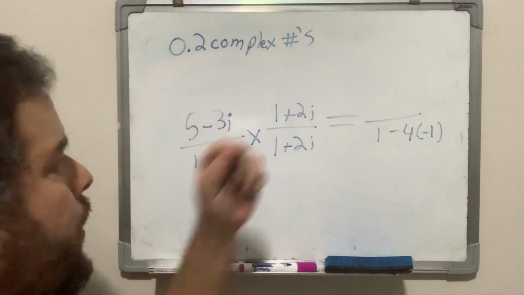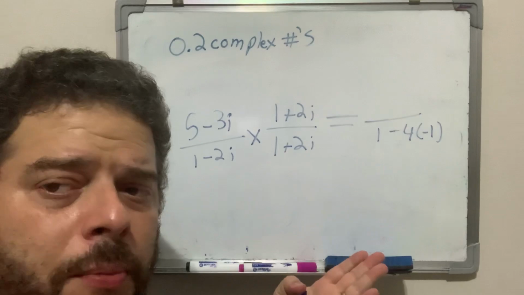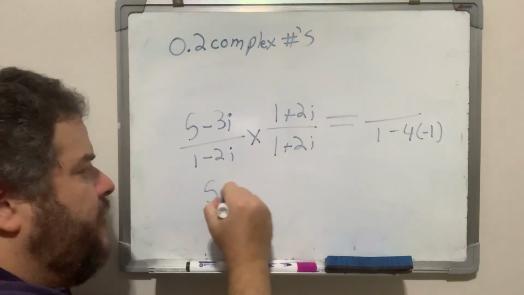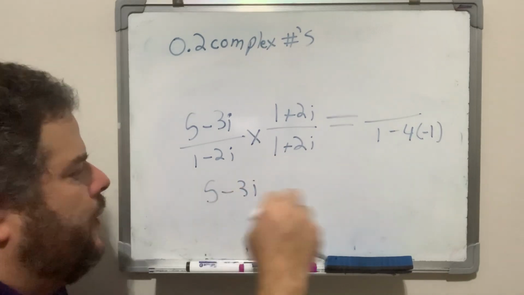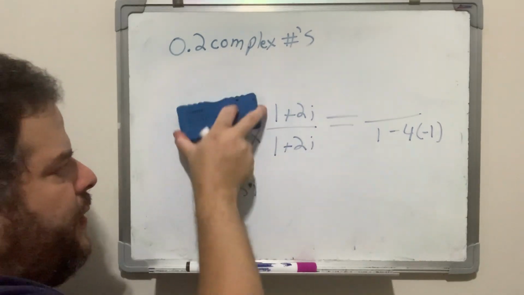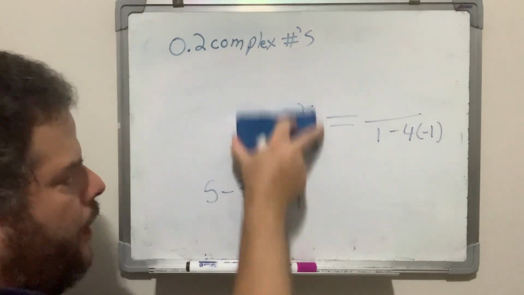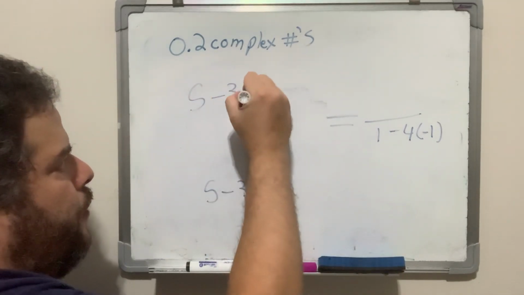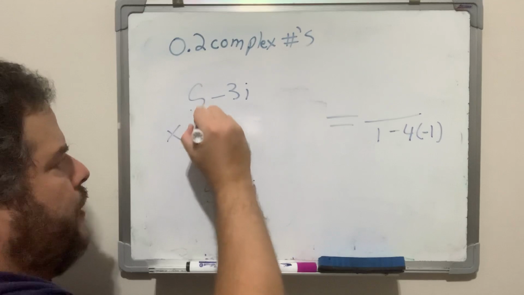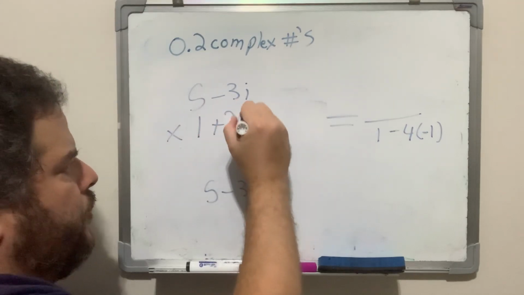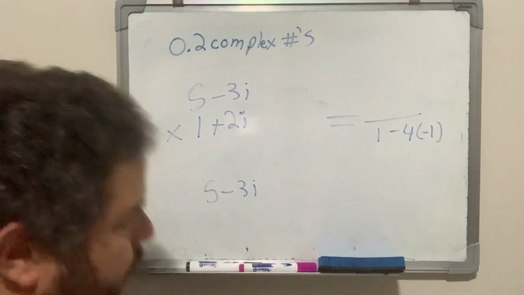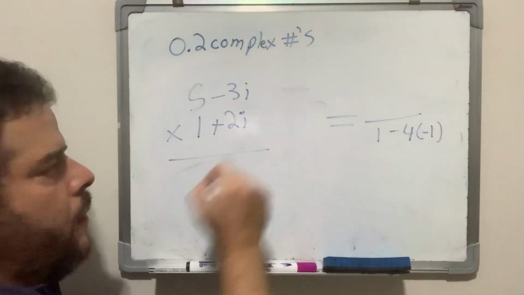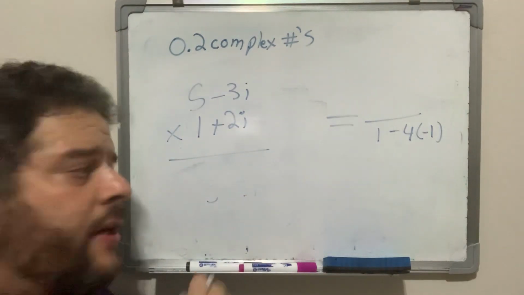Now, what do I do in the numerator? All you gotta do is multiply, just like we previously multiplied. I'm gonna have 5 minus 3i times 1 plus 2i. Let's do the multiplication again.